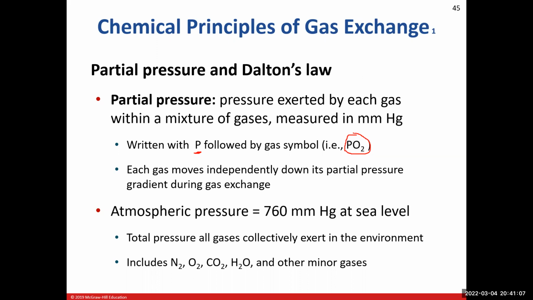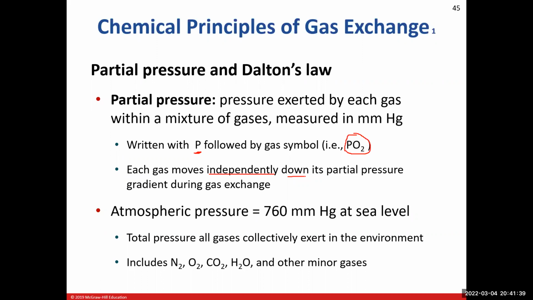When we're discussing partial pressure, we're talking about each individual gas moving independently from the other gases down its partial pressure gradient. Remember the pressure gradients that we were talking about before? All we're now saying is that with the partial pressure of gases, each individual gas is going to move independently.